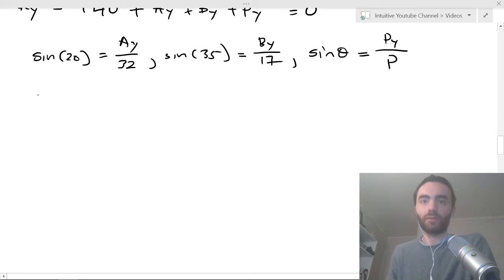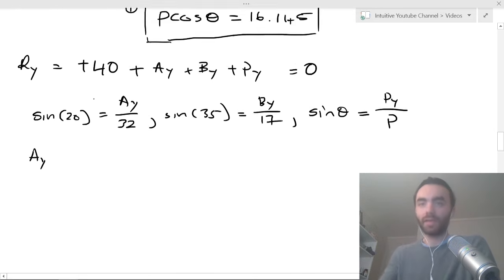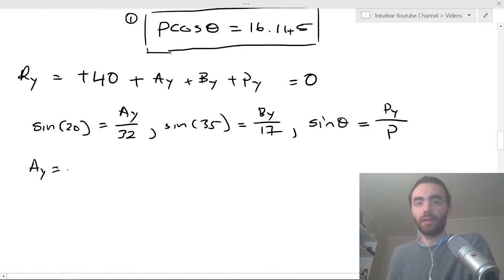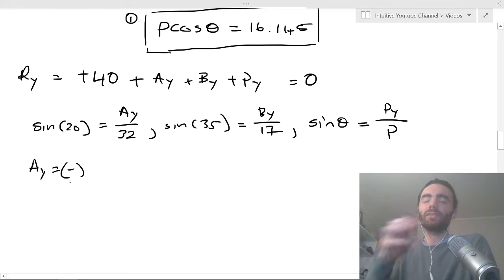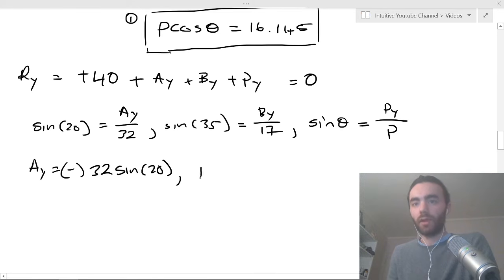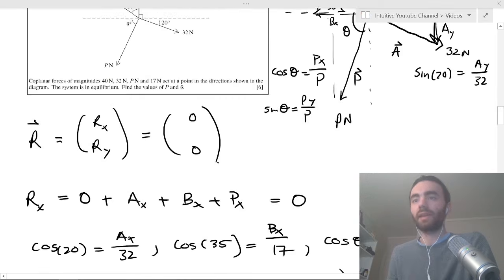Okay, and then you obviously rearrange them, but you need to again take into account the direction. So for AY, this is acting in the negative Y direction, so this is going to be negative. I just put it in brackets to emphasize its direction. Sine of 20, and then you have your BY. What direction is this acting in?